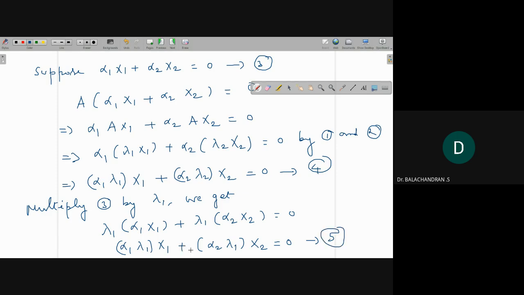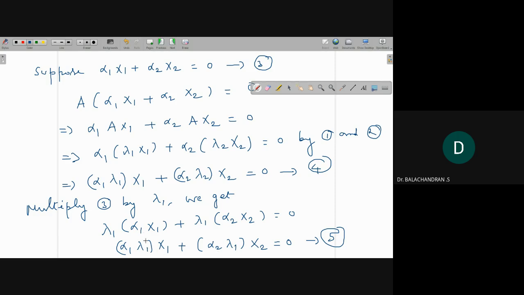Now look at equations 4 and 5. Here I am going to subtract 4 minus 5. If I subtract 4 minus 5, alpha 1 lambda 1 x1 gets cancelled, so remaining you have these two terms.